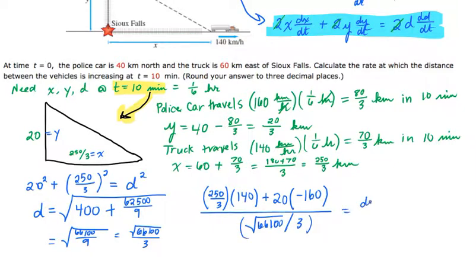That gives me the rate of change of the distance between the cars when t is 10 minutes. And now we simply need to approximate this answer here.